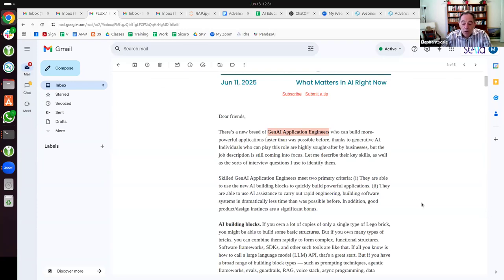What can they do? Who can build more powerful applications faster? Well, that's marketing, than was possible before, but that we'll agree. And thanks to generative AI, that is really the secret. So individuals who can play this role, who are they? Are highly sought after by businesses, right? But the job description is still coming into focus, and I, Andrew Ng, come today to explain it to you.